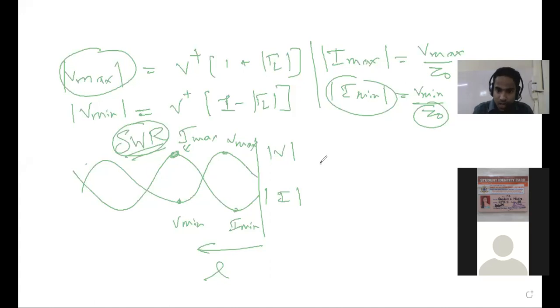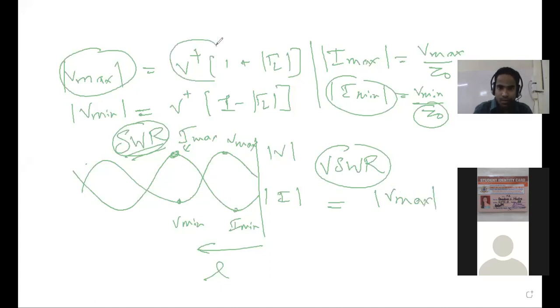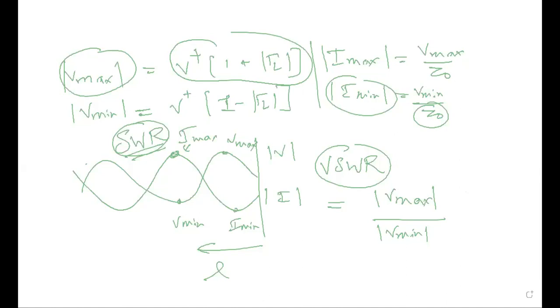Now we define something called VSWR, the voltage standing wave ratio, which will be mod of Vmax upon mod of Vmin, which we have derived. So what will this be? Can anyone tell me what Vmax upon Vmin will be?